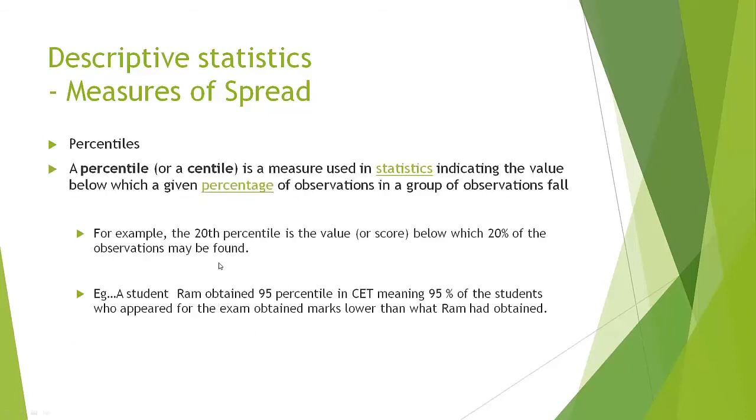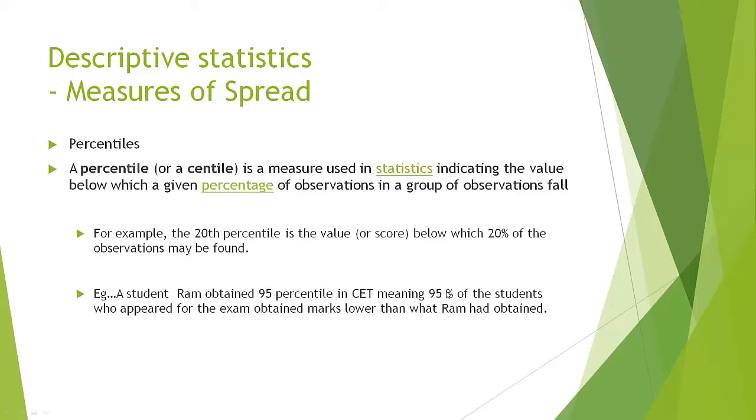And among measures of spread, again, you have something called percentiles. I think we have covered this as well yesterday very elaborately. If a student says he has got 95 percentile in an exam, it means 95% of the students who appeared for the exam obtained marks lower than that person.